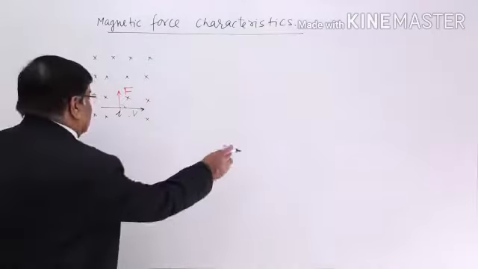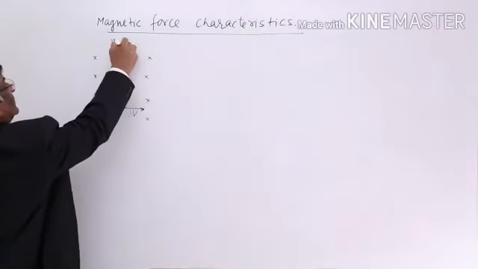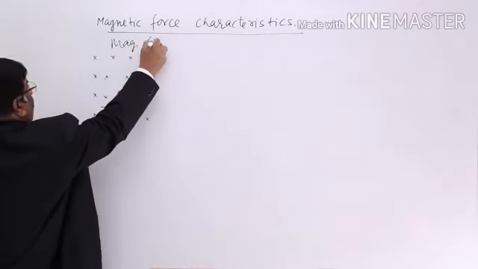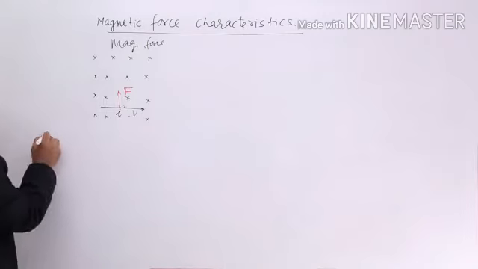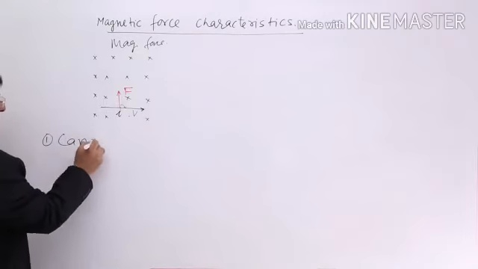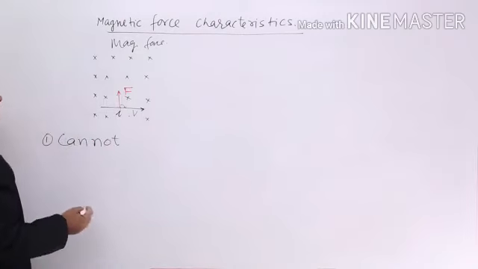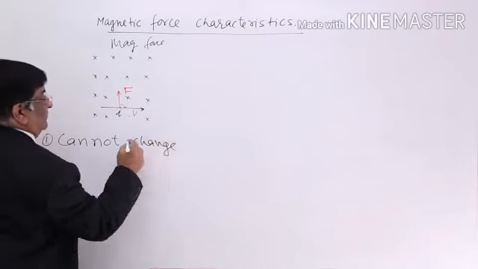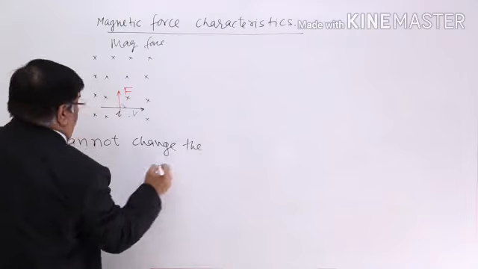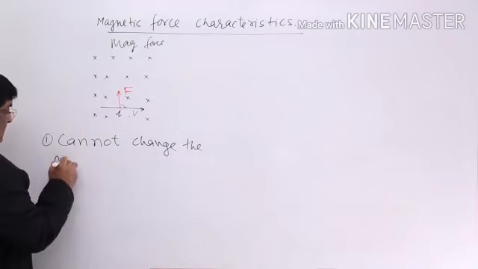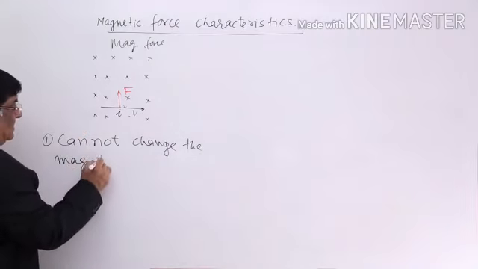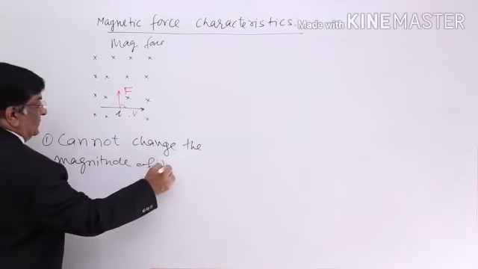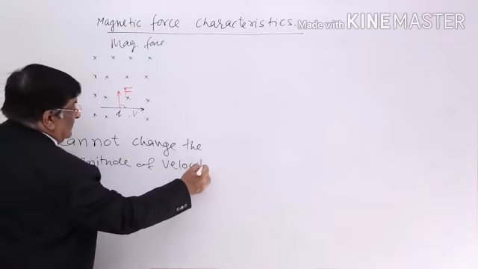So I will write the same thing: magnetic force cannot change the magnitude of velocity.